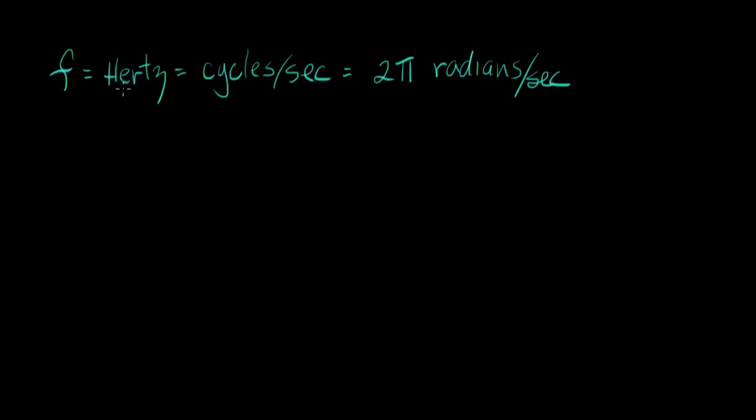So the two measures are cycles per second and radians per second, and we'll flip back and forth between those. Radians per second, where the variable is omega, is called angular frequency, or radian frequency.